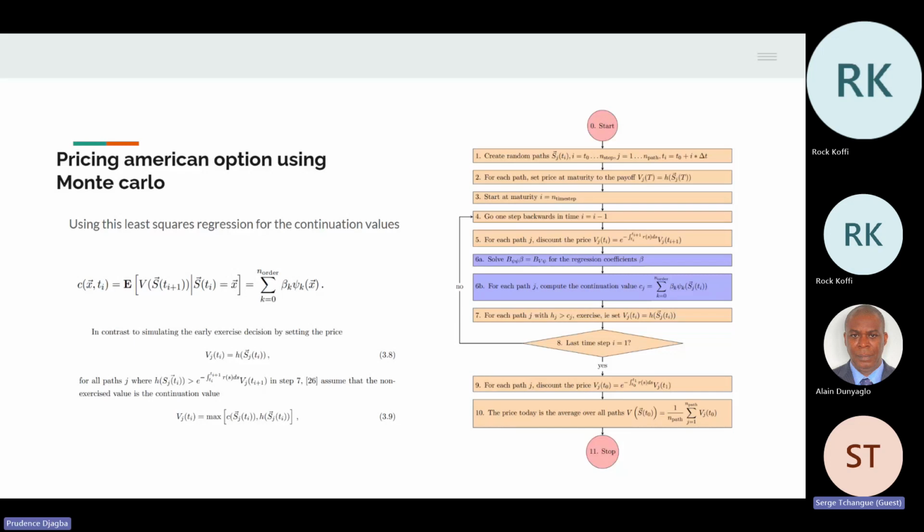One value is to exercise now, and if it's a put, the value is just the maximum between 0 and the strike minus S. That is the exercise value. This is one possible value. What is the second possible value?